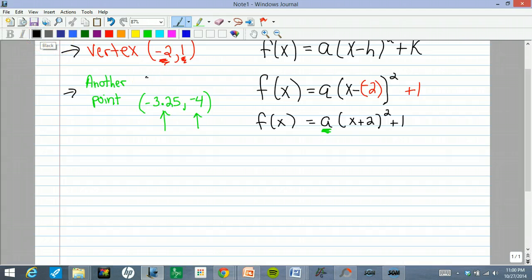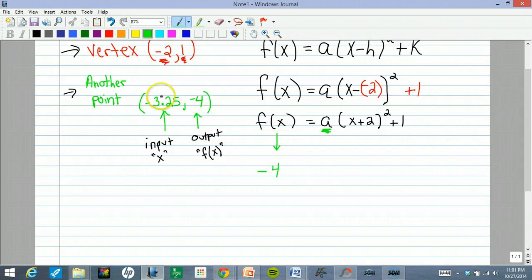How do I use the other point? Well, I know if we input negative 3.25, that's our x, then the output is negative 4. f of x is negative 4. So let's use that information. The output is negative 4.